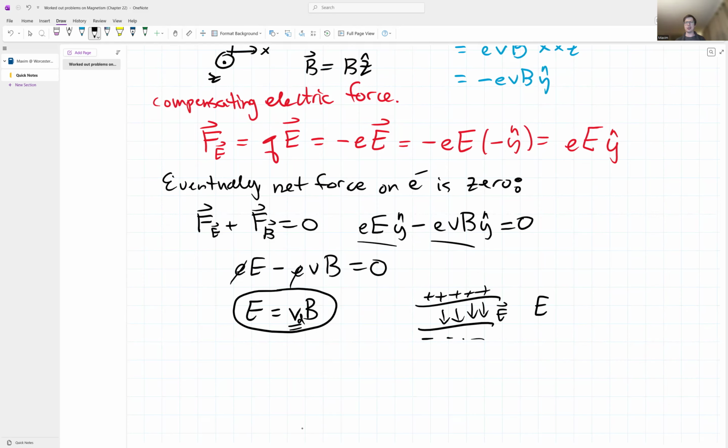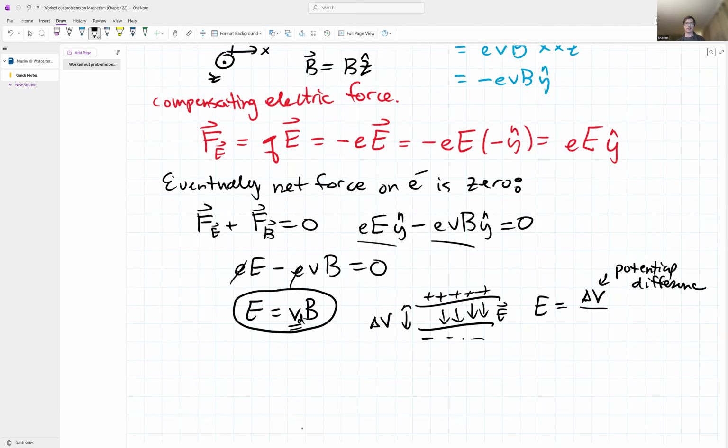We know that the magnitude of the potential difference is related to the magnitude of the electric field as follows. The change is the potential difference, delta V, over the distance between the positive and negative charged plates.